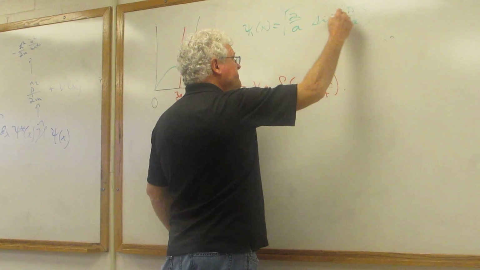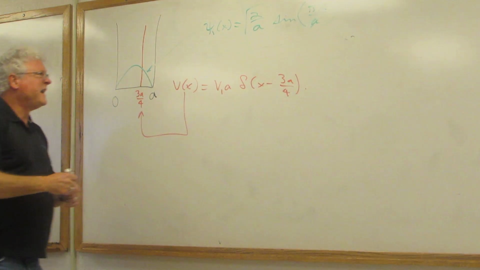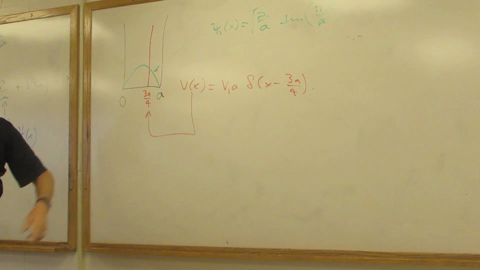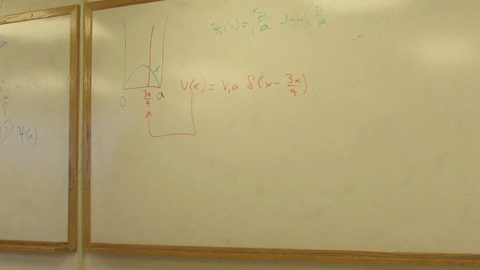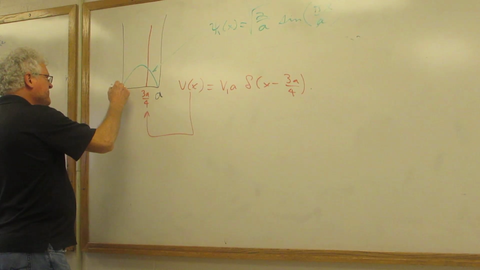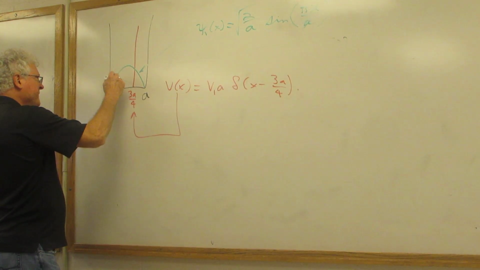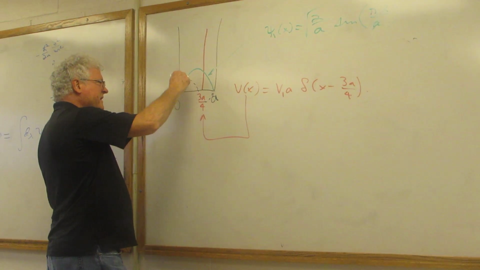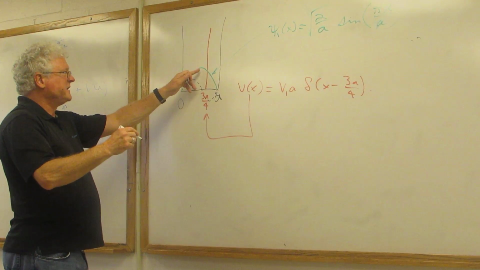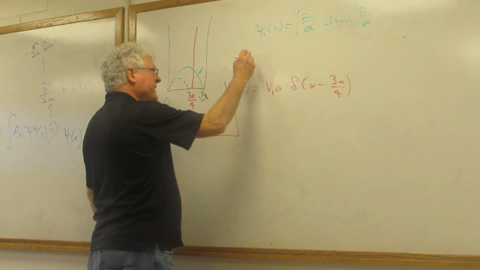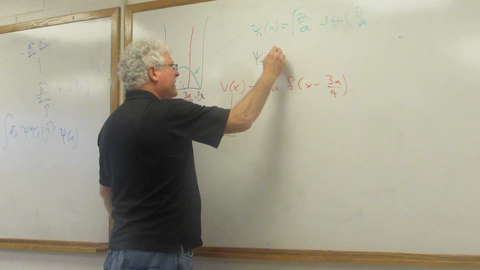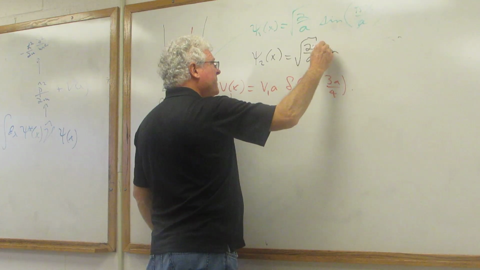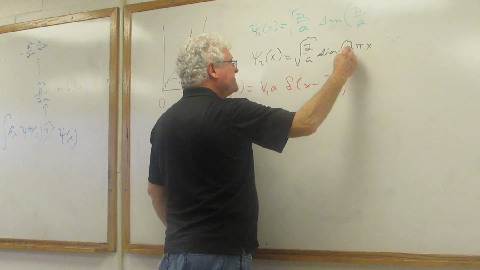Because we want to push this down a bit on this side as a guesstimate for the next wave function, reducing some weight: notice that the next sine function goes negative here. That would create a dip right there if I added in a bit of the other piece. Remember that one was root 2 over A sine of 2 pi x over A.